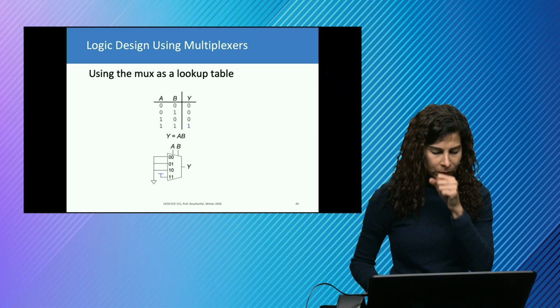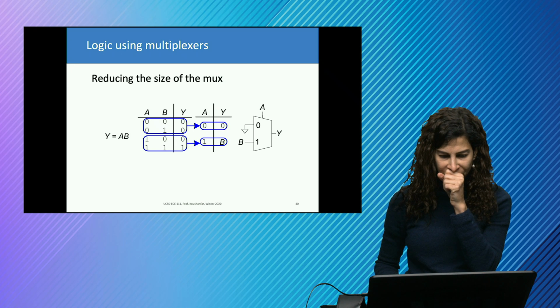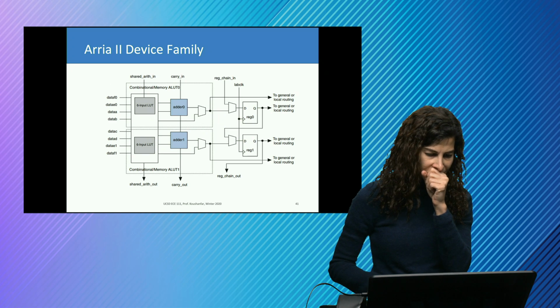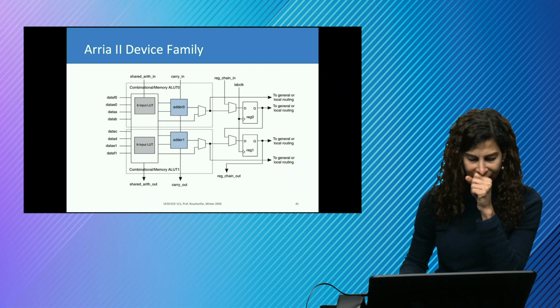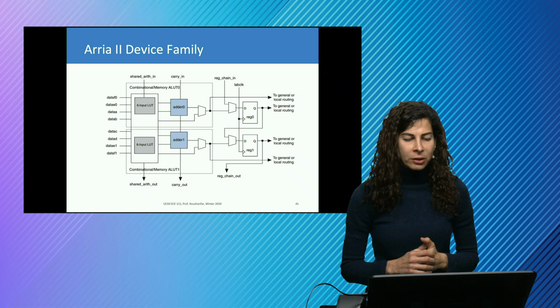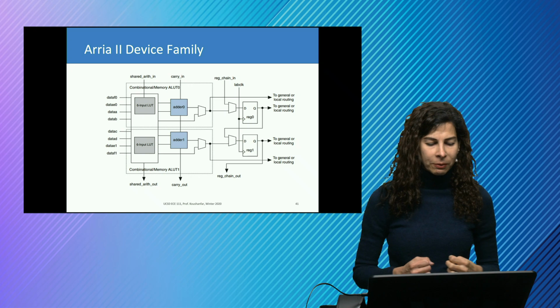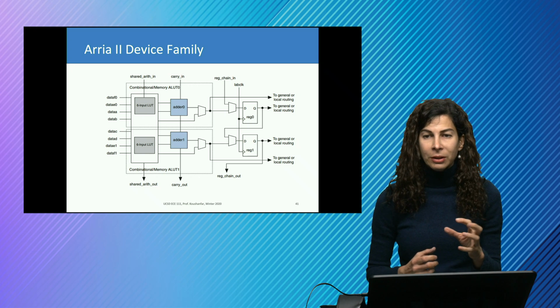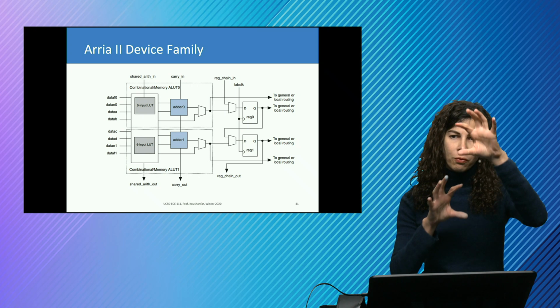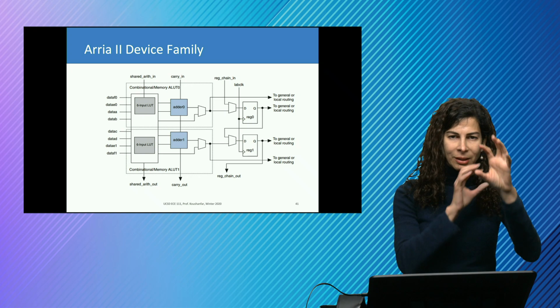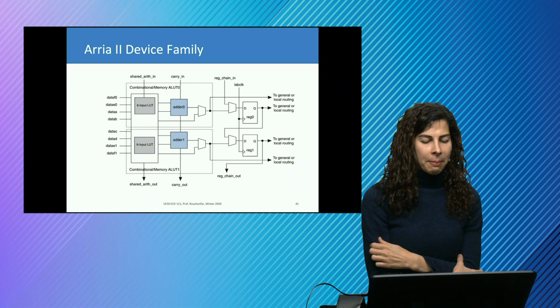The mux as a lookup we just saw earlier, you could also reduce the size if you see that. And the Arria II device family that we are using in this class has a similar structure, but it has 6-input LUTs. So instead of those 4-input muxes, we have 6-input muxes with 2-input muxes each.